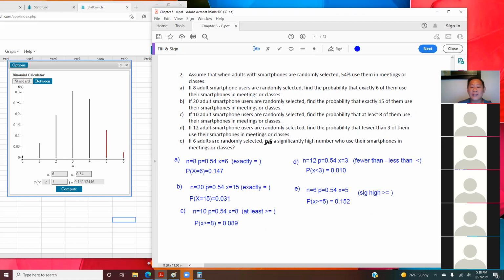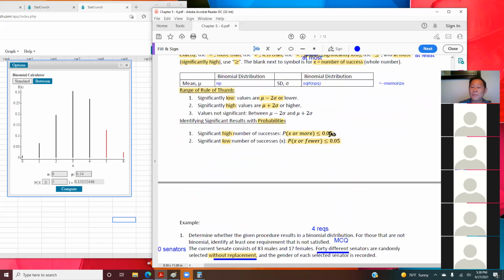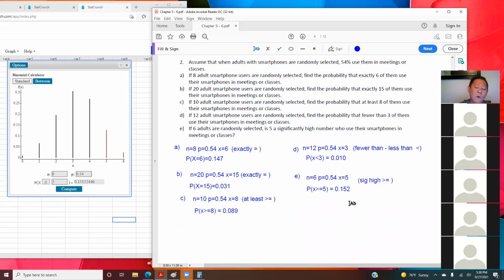So my question is: is 5 significantly high? Remember, in order for you to answer yes, the percentage has to be less than or equal to what? 0.05. So is this number less than or more than 0.05? It is greater than 0.05. So is 5 significantly high, yes or no?